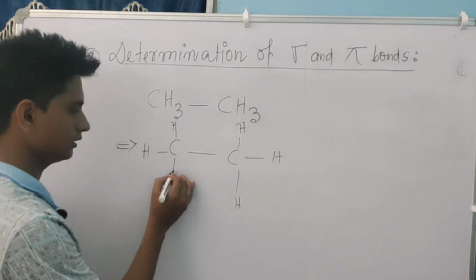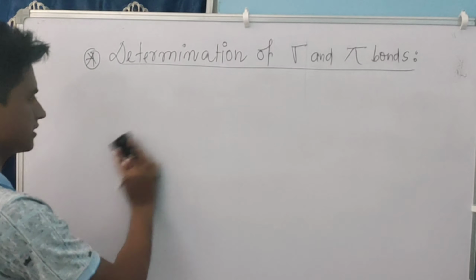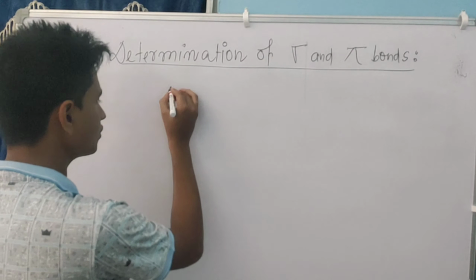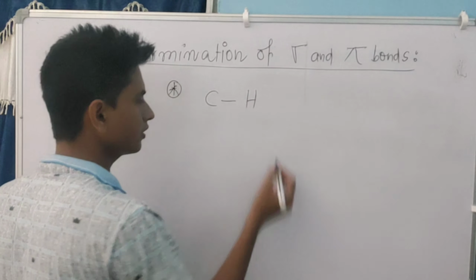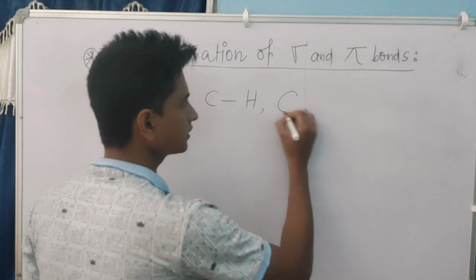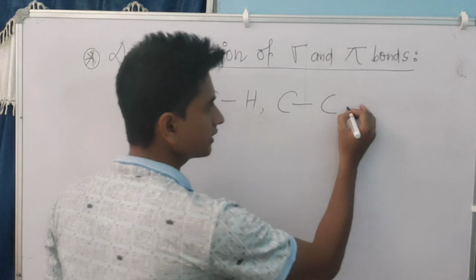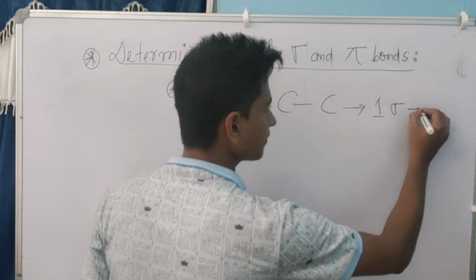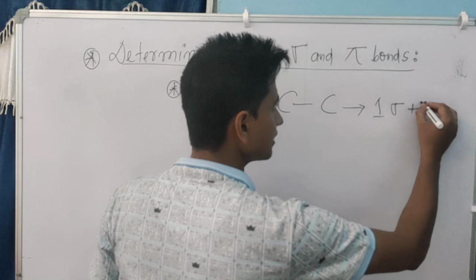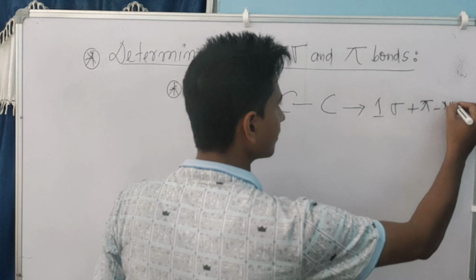Before starting this topic, I will provide you a general shortcut formula. Suppose a compound contains CH single bonds and CC single bonds, then there is only one sigma bond present, but the pi bond is nil.